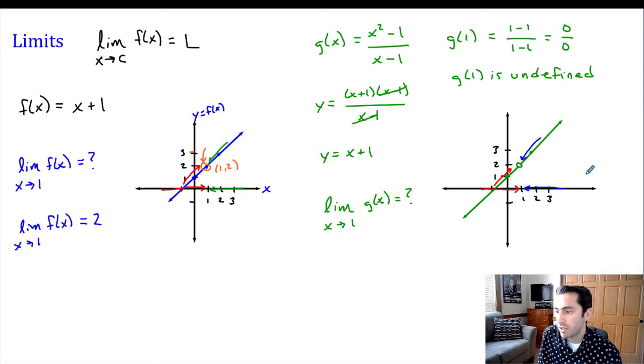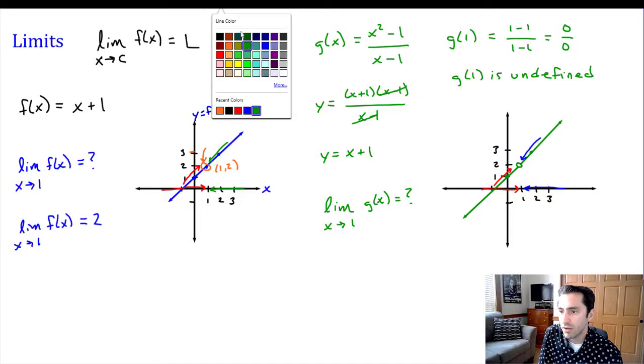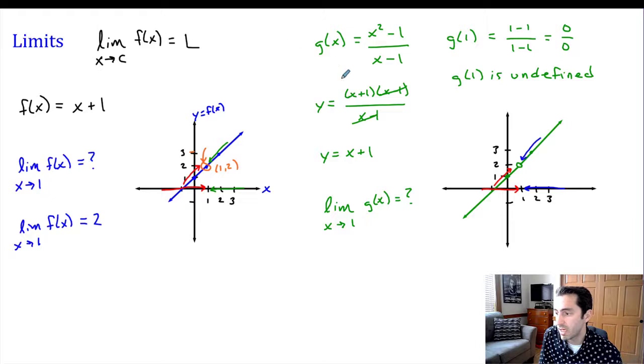So as we talked about earlier, we do know that this function is undefined at 1. There's a gap here. But as we can see on the graph, from the left-hand side and the right-hand side, our line is getting really close to this hole.